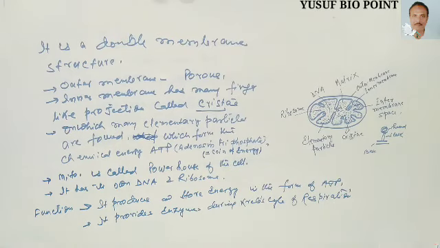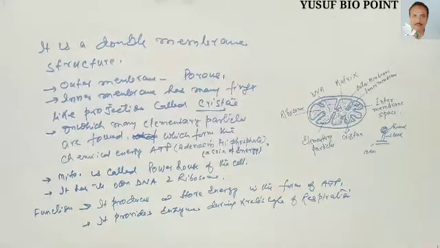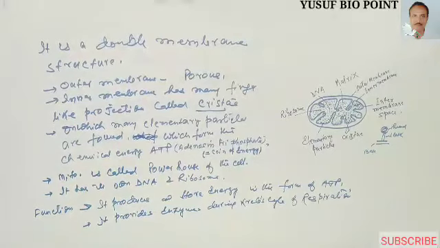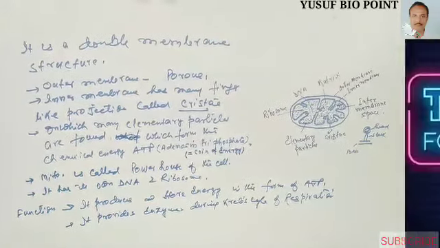It provides enzymes which are required for the Krebs cycle in respiration. So it produces a lot of energy, so it is known as the powerhouse of the cell.